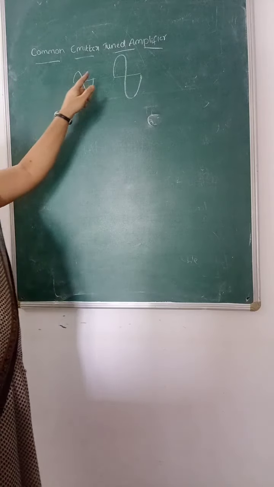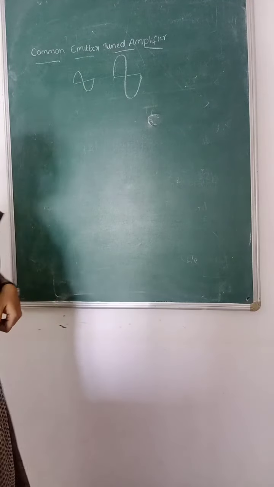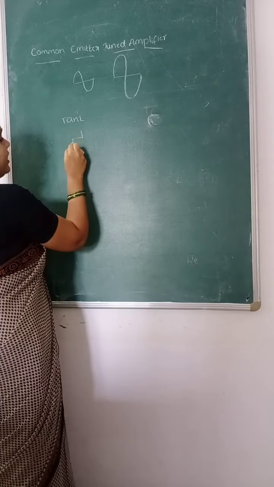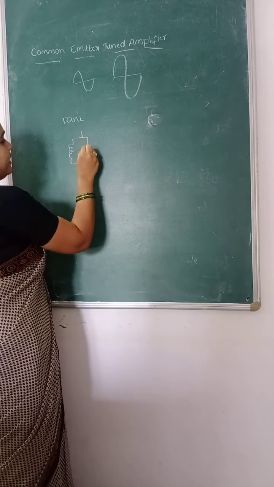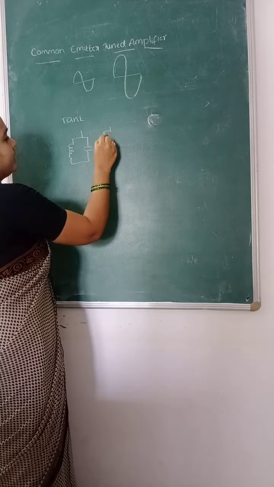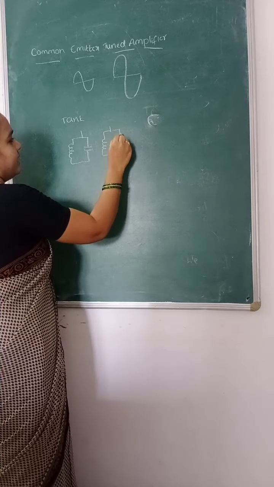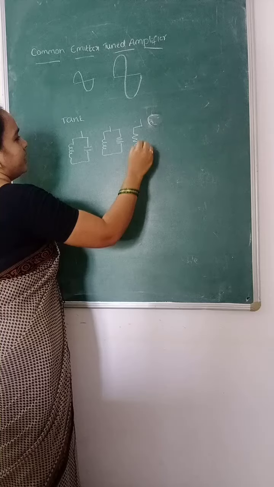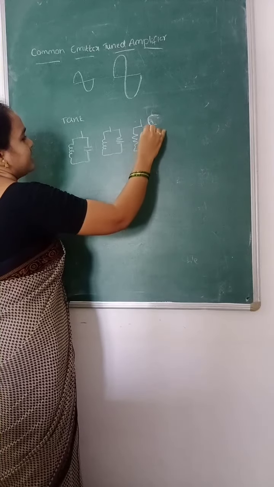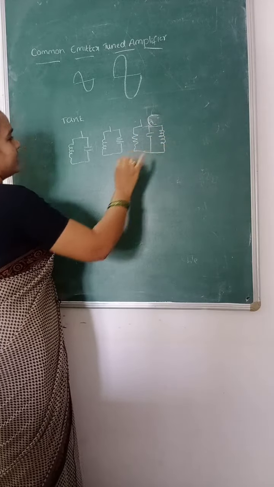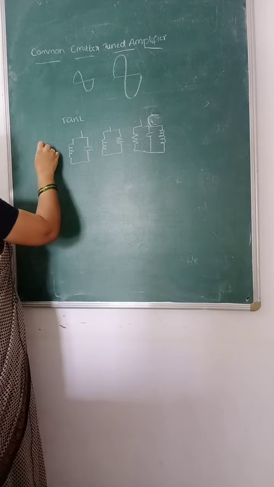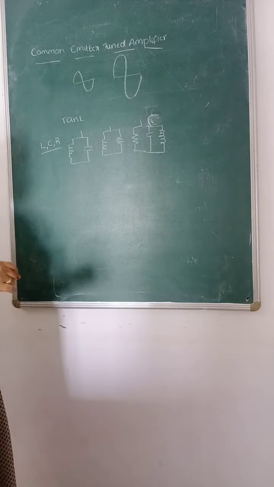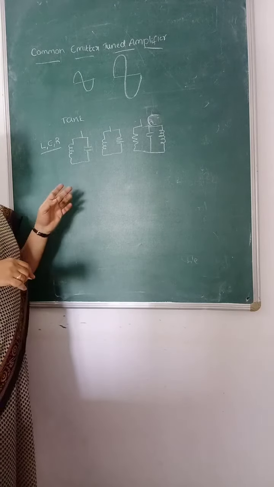If you include a tank circuit, which is a combination of either inductance and capacitance, or inductance and resistance, or the combination of resistance, capacitance and inductance, then the combination of inductance, capacitance and resistance will constitute the tank circuit.